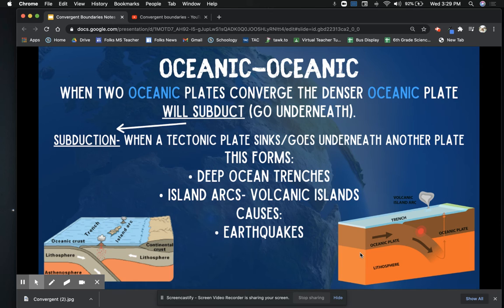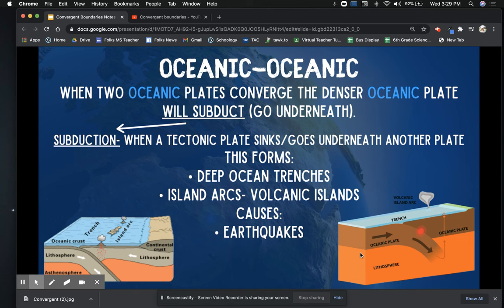Lastly, we have our oceanic and oceanic plate convergence. So this is when two oceanic plates come together and the denser oceanic plate will subduct. Remember, that means to go underneath the less dense plate. So usually this is our older plates. The older plates go underneath because they are more dense.